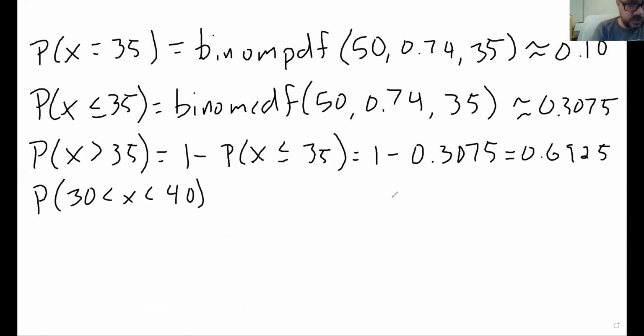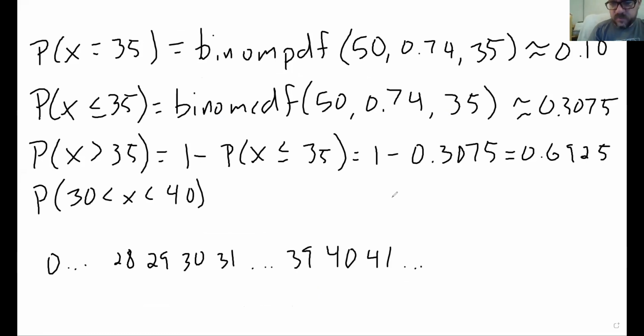So we're going to go 0, 28, 29, 30, 31, 39, 40, 41, 50. Okay, so the ones that I want here, I'm going to circle in blue. The ones that I want are the things that are bigger than 30, so 31, and smaller than 40, so 39, right? So I want this stuff here. That's the good stuff that I want.